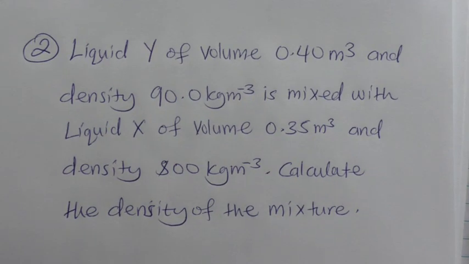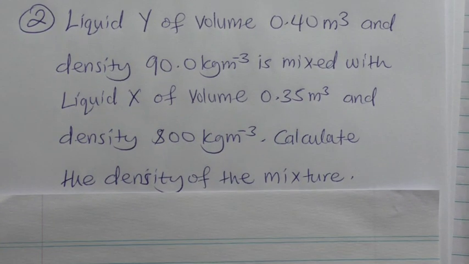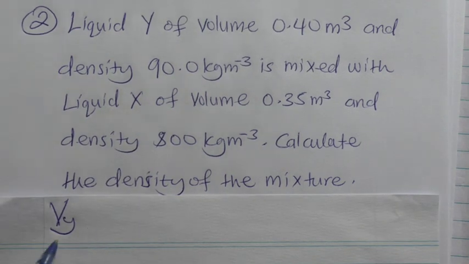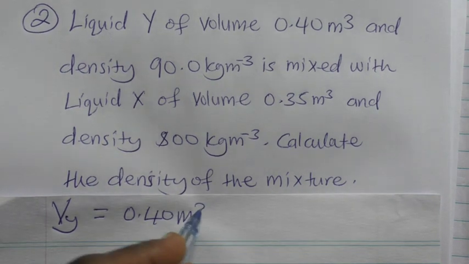In our second example, we are told that liquid Y of volume 0.40 meters cubed and density, let us read as we summarize. We are given the volume of liquid Y as 0.40 meters cubed.